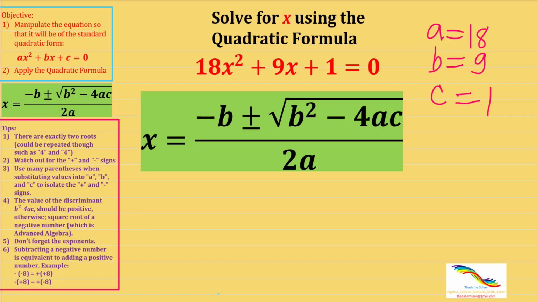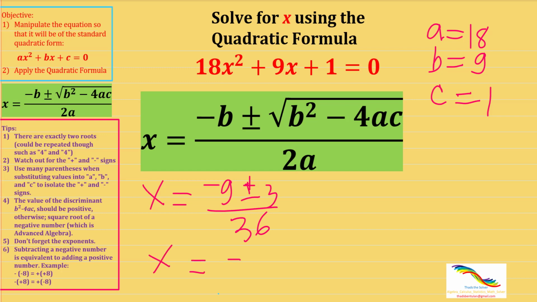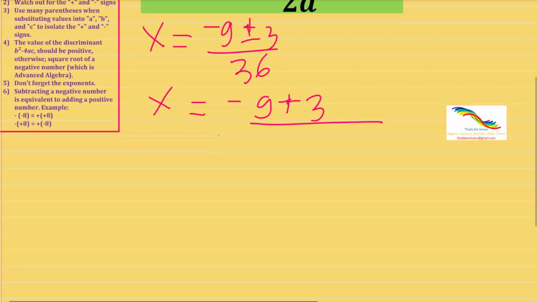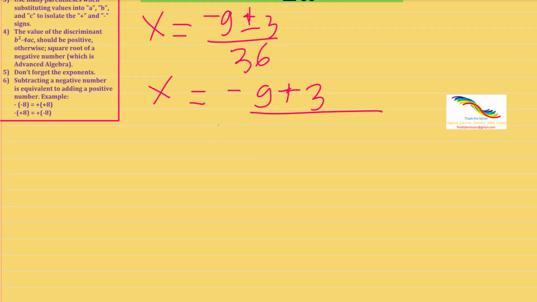Okay, let us simplify the expression. So this is minus 9 plus minus 3 over 36. So let's execute the addition part. x equals minus 9 plus 3 over 36.